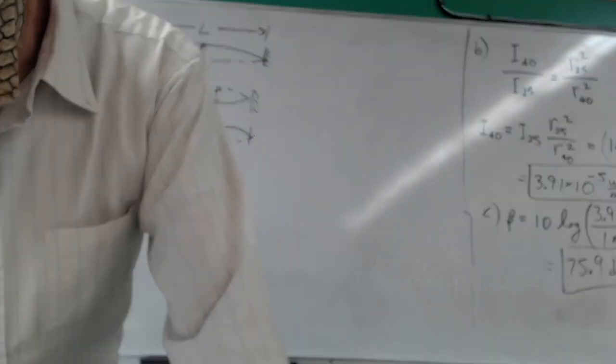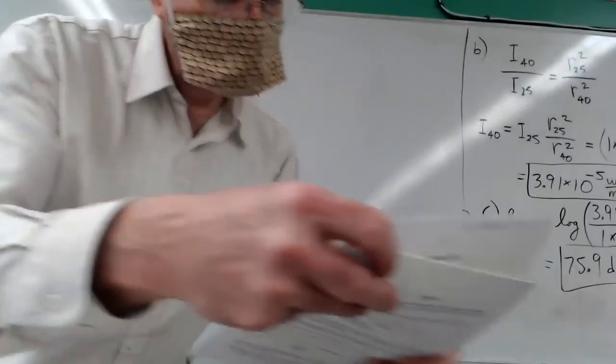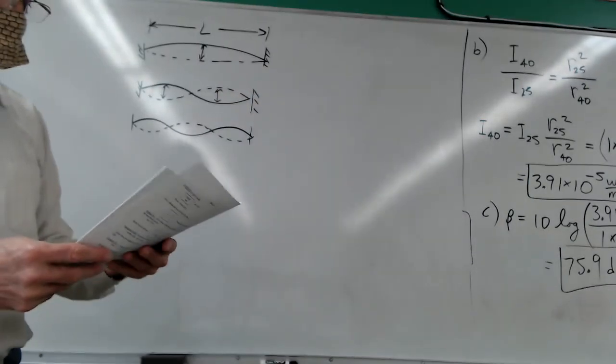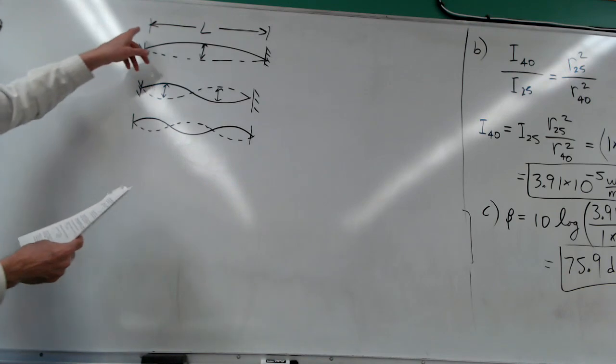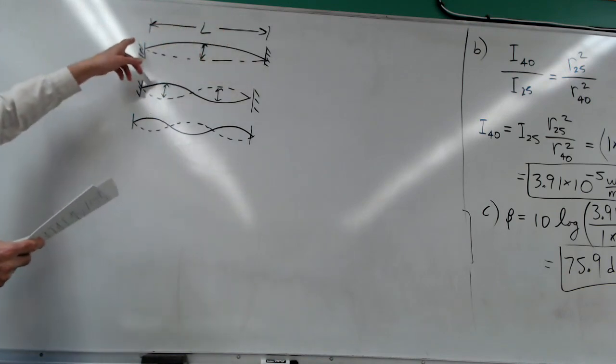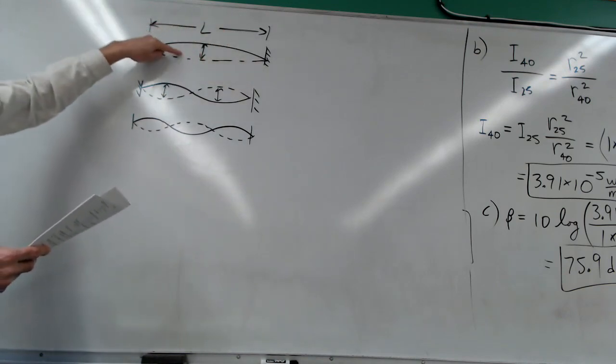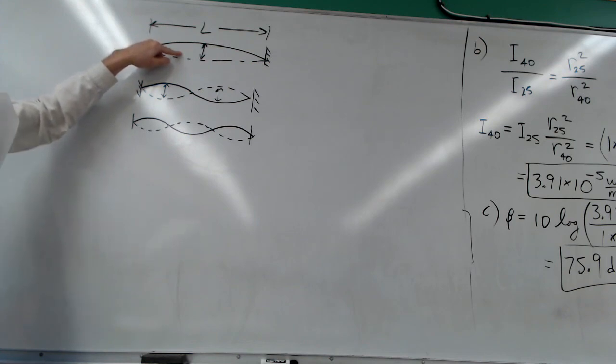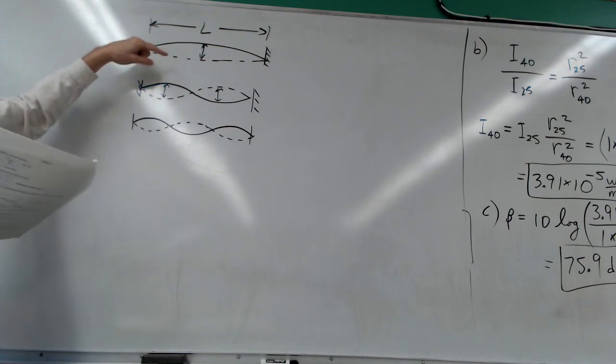Now, the question tells us, where are we here? We're on the next page. Question tells us that L is 3 meters. So when it vibrates in this pattern, 3 meters is equal to half a wavelength. Once you know the wavelength, you can calculate the frequency, f equals v over lambda, because the question tells you the wave speed.